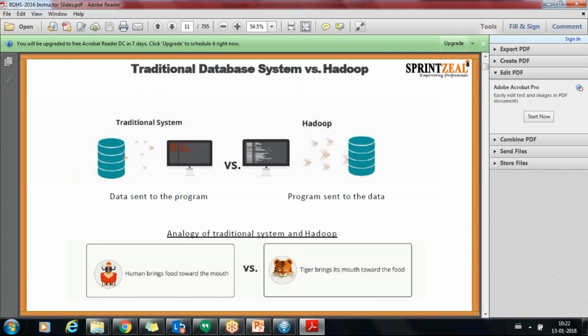But in this case, you have to write a program in a way that assumes your data is present locally. Once you run that program on those nodes, it will process the data, considering it is present on the same node itself. It's just the opposite. You are not getting any data towards the program, but your program is getting moved to the nodes where the data is already residing.